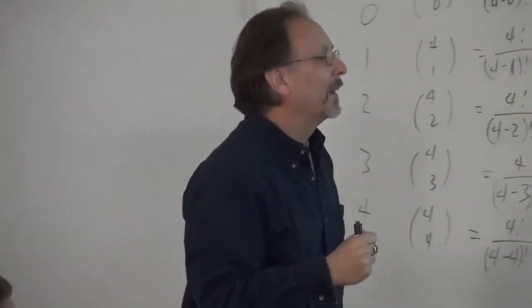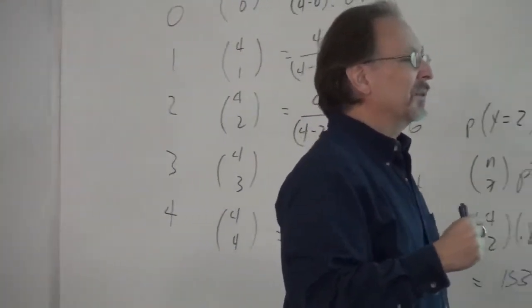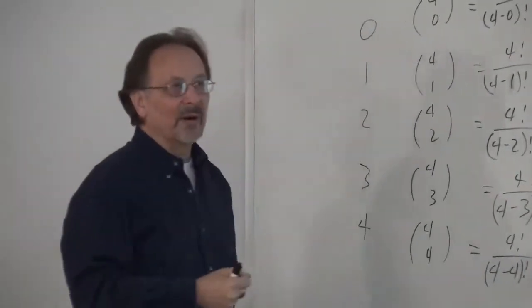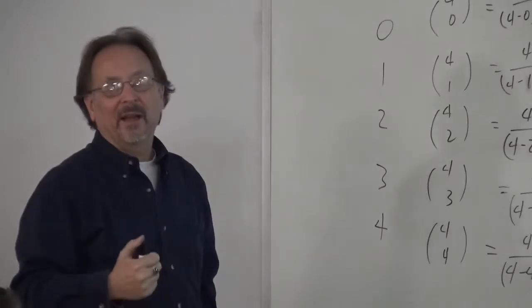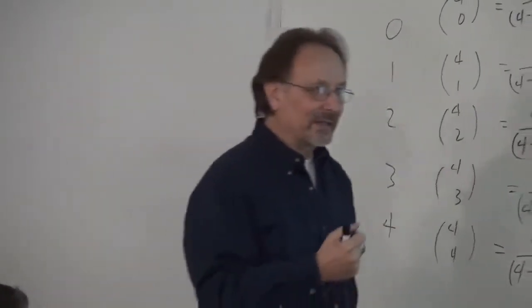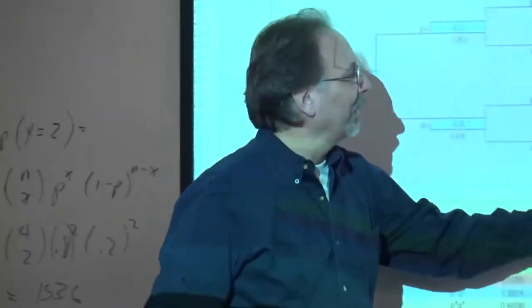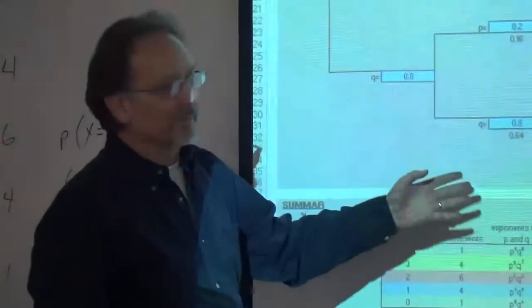So, the point of all this is to show you how sequential Bernoulli trials can be enumerated to get the same result as using the binomial, because that's what the binomial does. It takes sequential Bernoulli trials, and anything beyond this becomes completely unwieldy.